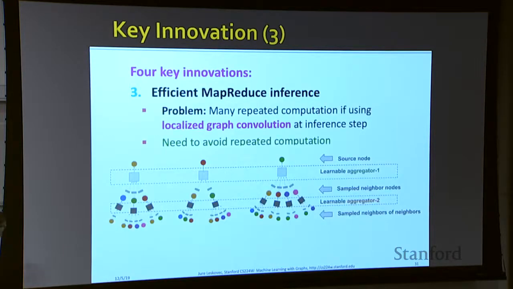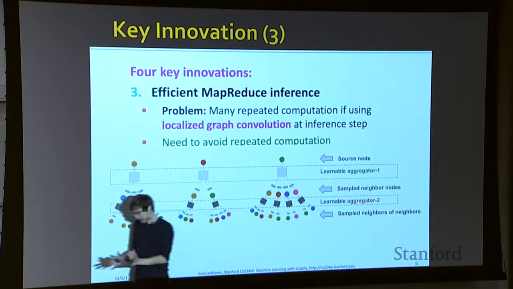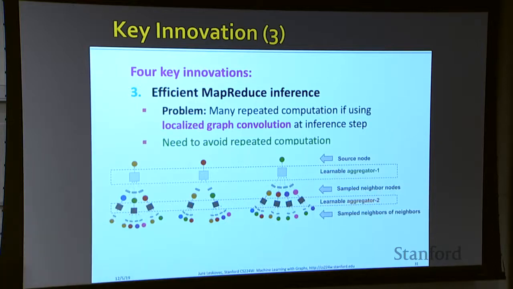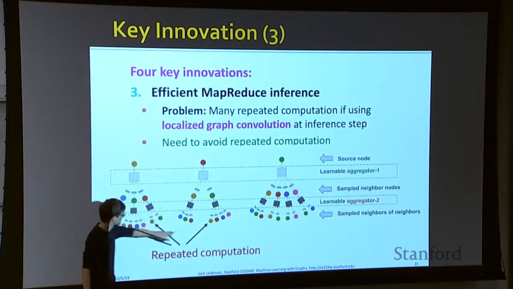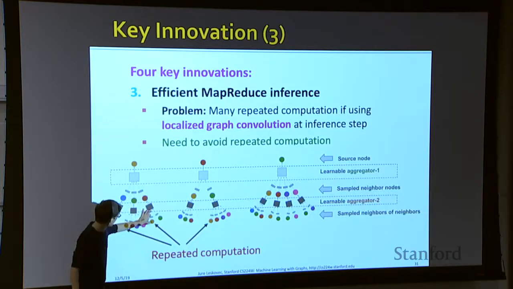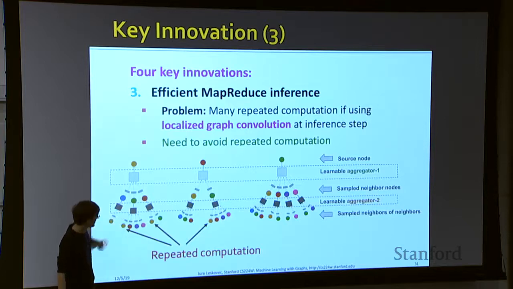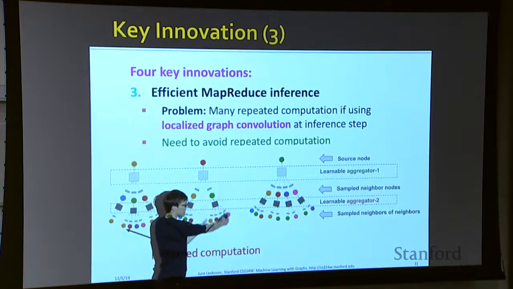And then the last thing that is important is that if you think about these computation graphs, when you are doing a forward pass, when you are computing embeddings, you will notice that there is a lot of redundancy, right? What do I mean by this is, for example, these types of computations, they are all redundant, right? Like I make this computation here, I make the same computation here, I make the same computation here. Then it's even worse because, for example, this computation also happens here, right?